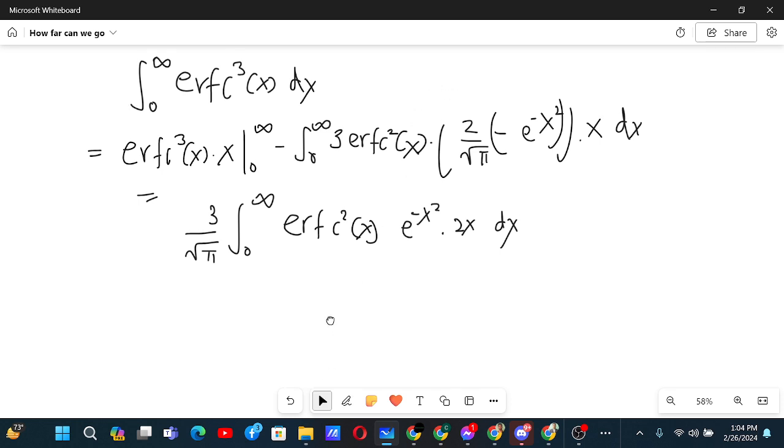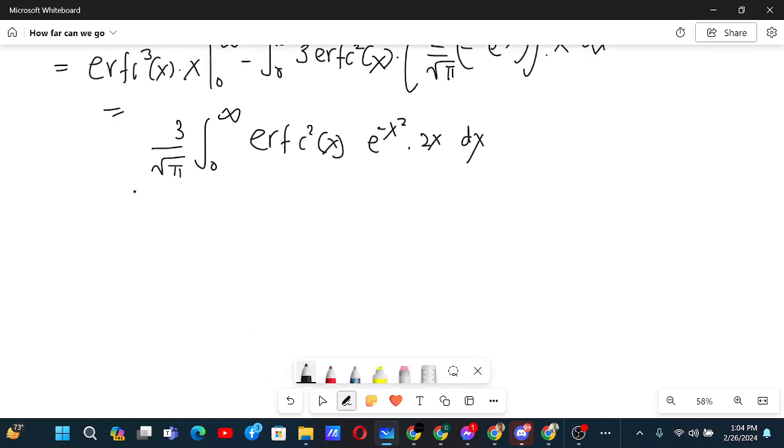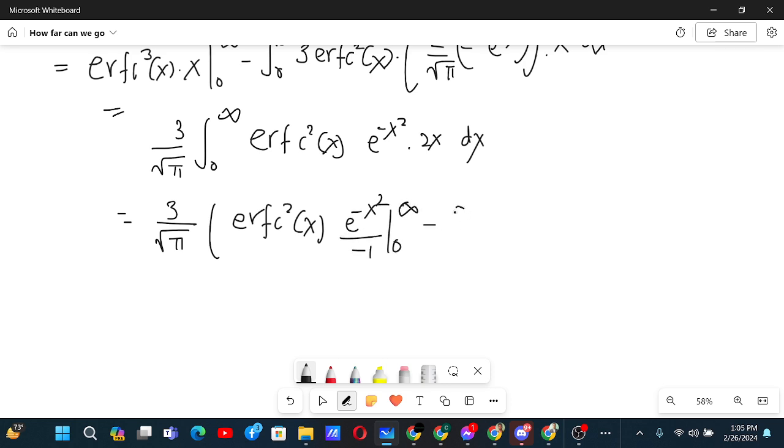Now again let us use integration by parts. So this will be 3 by root pi. Here we will have erfc square x times e to the power minus x square by minus 1 from 0 to infinity, minus integral from 0 to infinity. If we differentiate this, we will have 2 times erfc of x, and this will be e to the power minus x square by minus 1 dx.